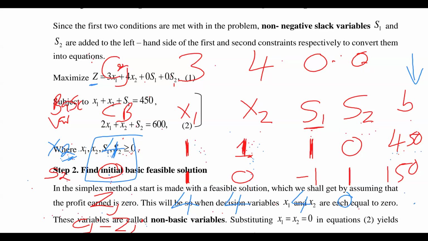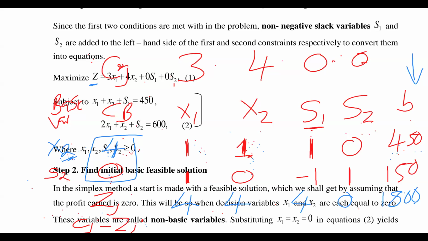So 4 multiplied by 450 plus 0 multiplied by 150, which will be 1800. Okay, we are almost done.